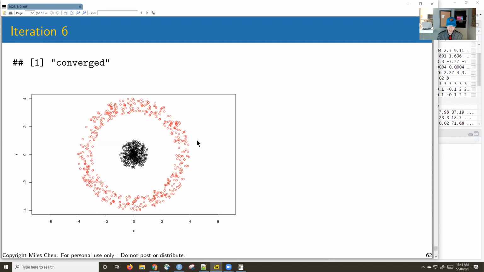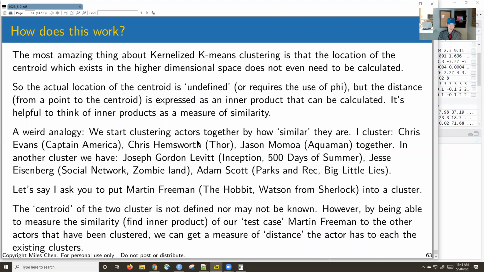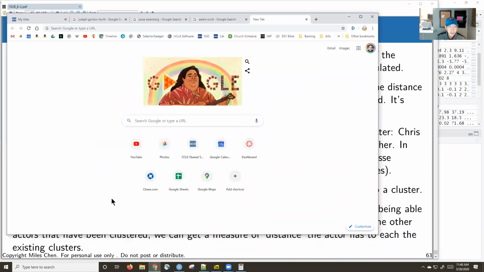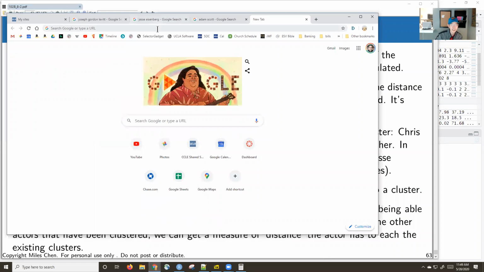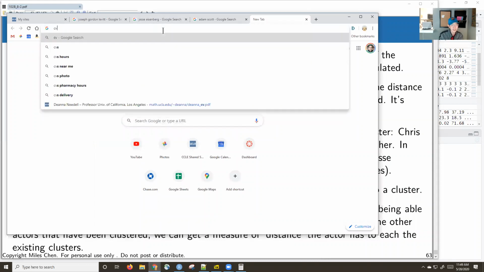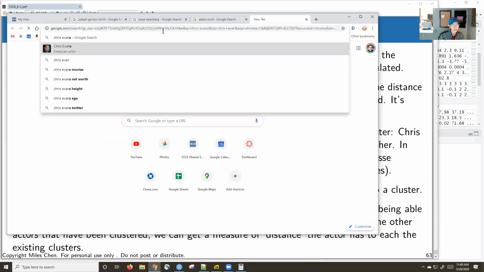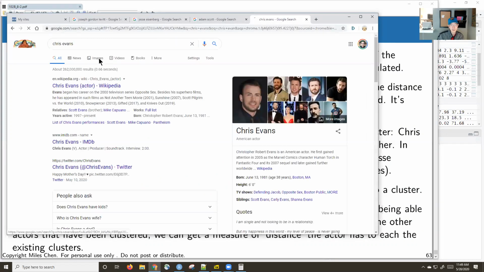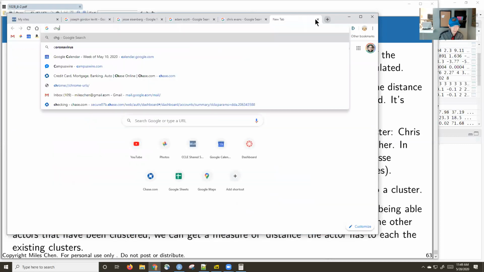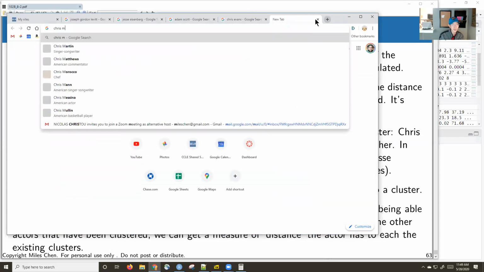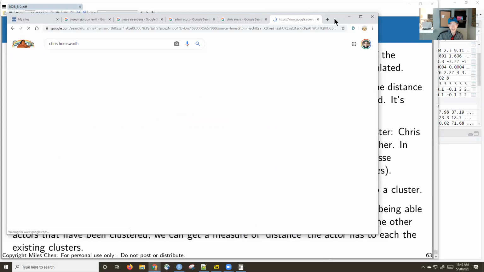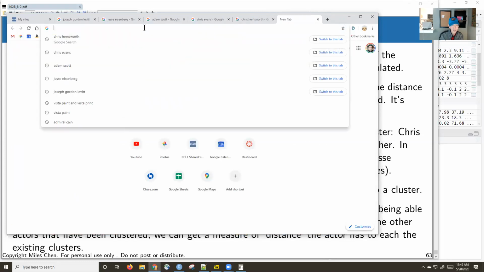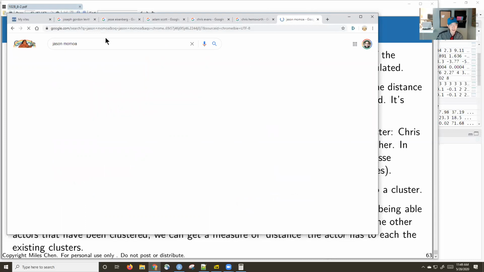So here, I give a silly example, but imagine we're trying to cluster actors together. Okay, so here I've listed some actors: Chris Evans, Chris Hemsworth, who plays Thor, and Jason Momoa, who plays Aquaman.